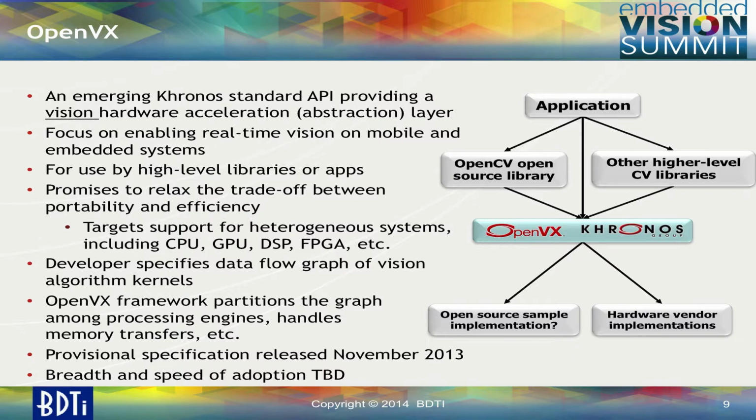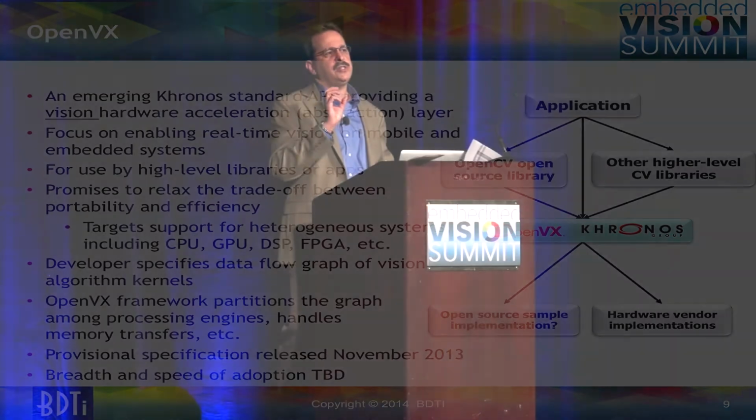So OpenVX is a hardware abstraction API that is vision specific, that's designed to specify an interface so that programmers who are specifically developing vision applications and algorithms can write their algorithms in terms of the OpenVX API and library blocks and programming paradigm, and then get efficient implementations on a wide variety of processor architectures where the details of the hardware implementation are hidden from the programmer by the OpenVX interface.